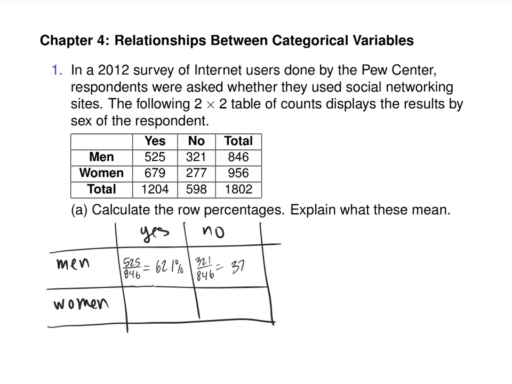And those should add up to 100, right? Roughly, but they do. So for the women, it's 679 out of 956, versus 277 out of 956 as well, right?